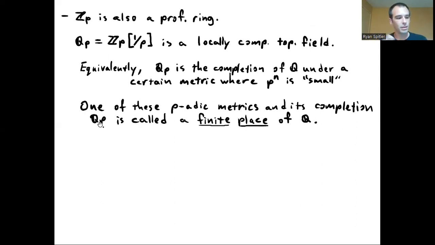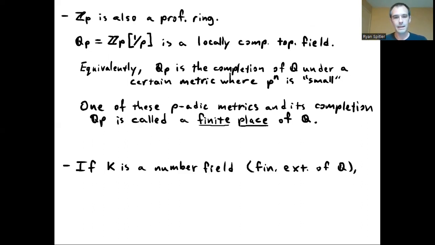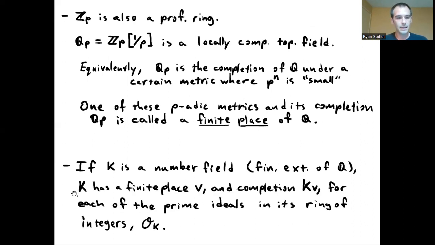These are often called the finite places of Q. And then what I want to say that generalizes that is that there's something similar for any number field. So if K is any number field, meaning a finite field extension of Q, K will have a finite place v and a completion K_v for any of its prime ideals in its ring of integers.